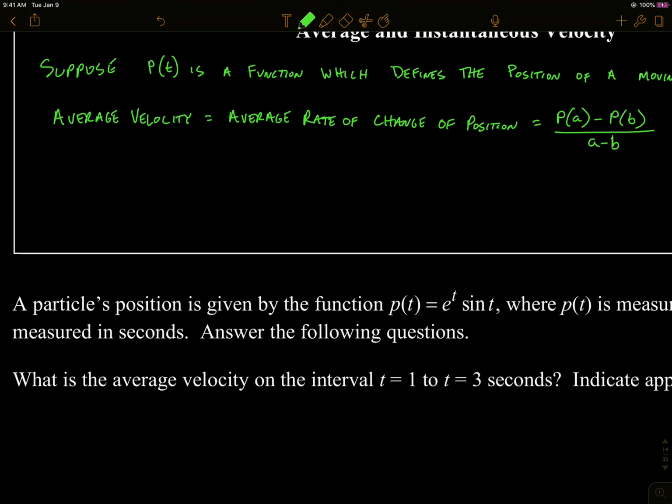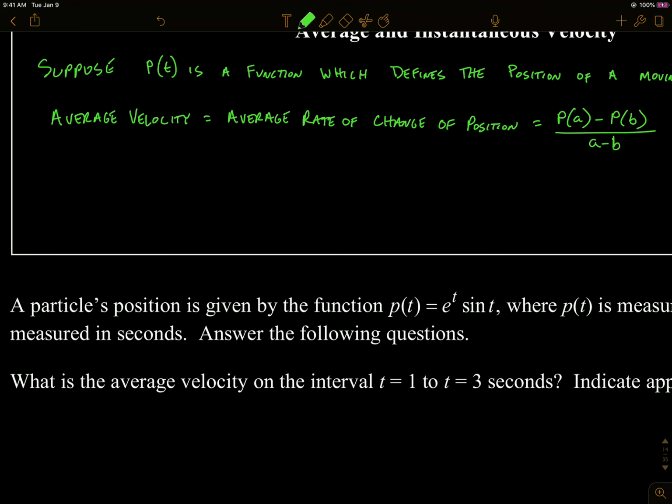What we really need to note here is all the other times we talk about the derivative or the average rate of change, we'll say the rate of change of whatever the thing is. If we're talking about temperature, we'll say the rate of change of temperature is the derivative. The average rate of change of the temperature would be the slope of the secant line. The point here, though, is that for position, we don't really call it the rate of change of position.